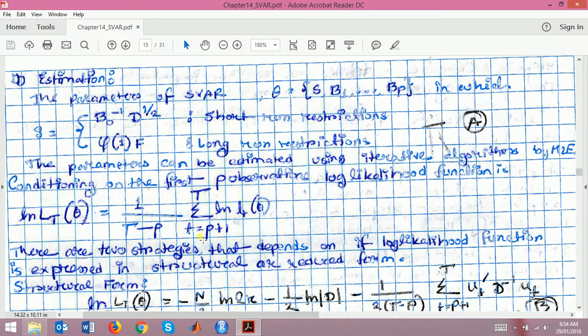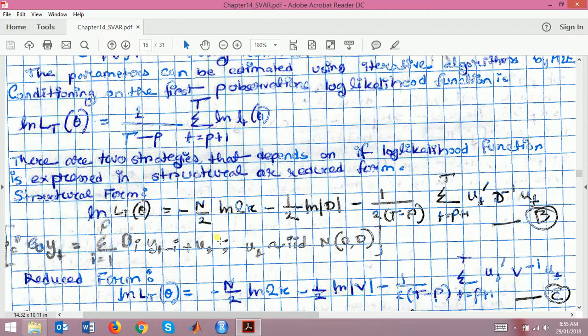And there are two strategies that depend on whether the log likelihood function is expressed in structural or reduced form. In terms of structural form, we have minus N by 2 log 2 pi minus half log determinant of D, the diagonal elements of the variance covariance matrix, minus 1 by 2, sum from t equals p plus 1, and this is the decomposed element, u transpose u divided by D, where D is the diagonal element of our residual, right?